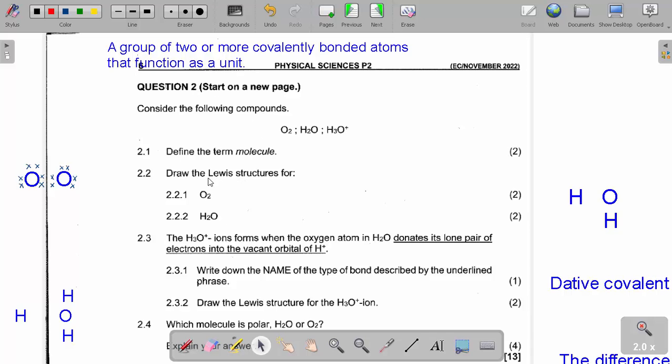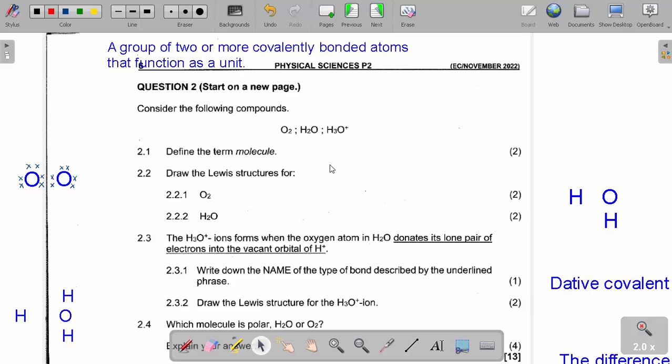Then do the Lewis structures for oxygen and then water. Note something, guys: if you talk about Lewis structures, we use the symbol for the element and put it in the middle. Then outside it we put the valence electrons. Now what are valence electrons? Those are the ones found in the outermost shell. And how do we know them?